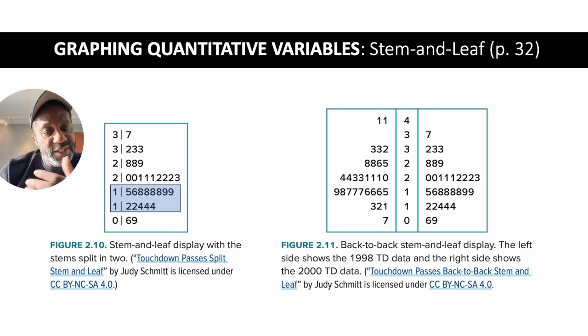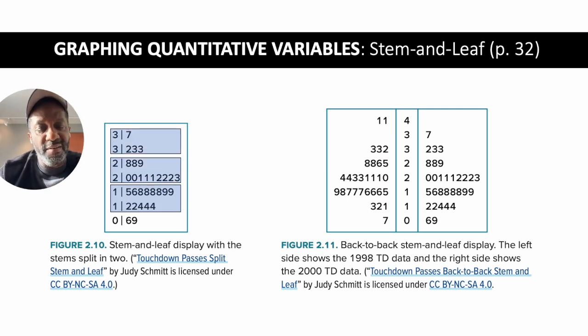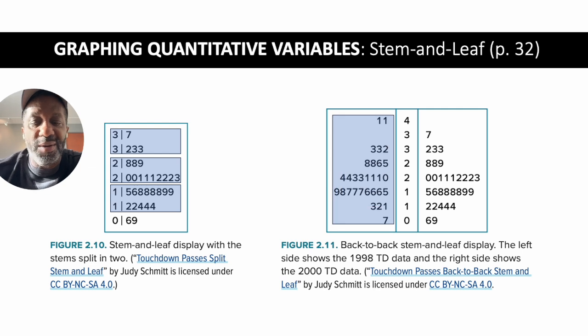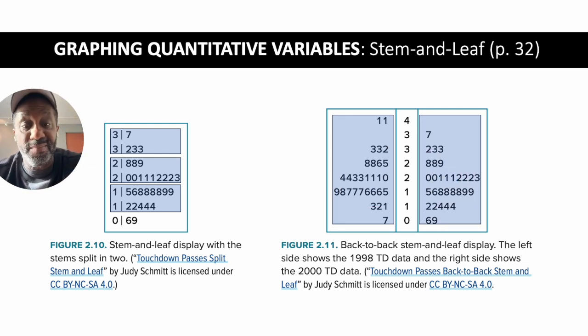Again, all we're seeing here is how the values are arranged in 2 tiers that allows you to see information a little bit clearer. Here we're seeing one side, 1998 versus 2000. But this gives you a sense of the flexibility and the dynamic use of stem and leaf charts. Again, particularly if the data set is not very large.